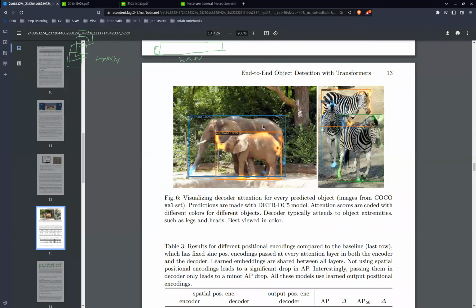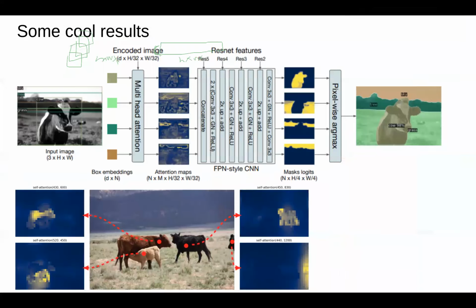For those 100 outputs, there's one box of the class elephant, and another box of the class elephant, and it can attend to different parts and know that this belongs to one group and this belongs to a different group, which is really cool. You can see it the same way here. It can really figure out which part belongs to which predicted output. So yes, this is DETR.